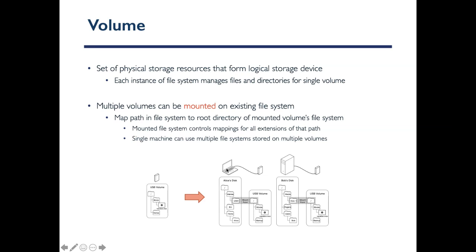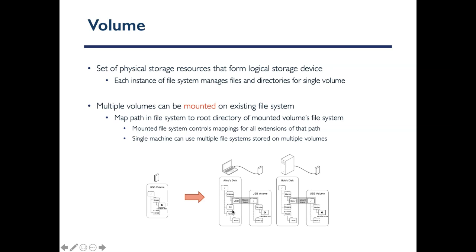Now, let's say on your laptop you also have a file system, and let's say this is a Unix system. You have volume, bin, home, and so on and so forth. You could create a folder here, name it USB1, and then mount this volume to this folder, to this file system.